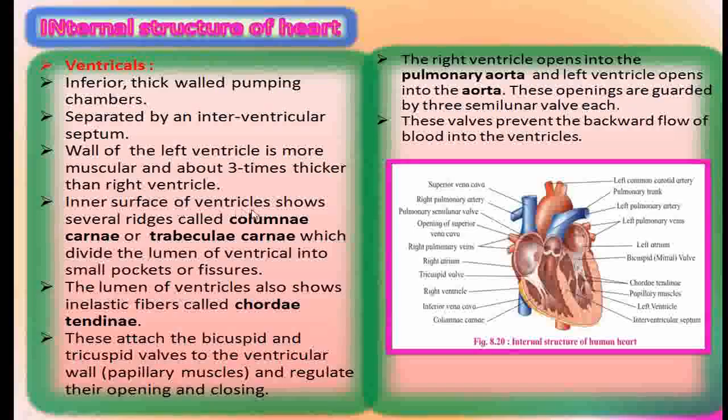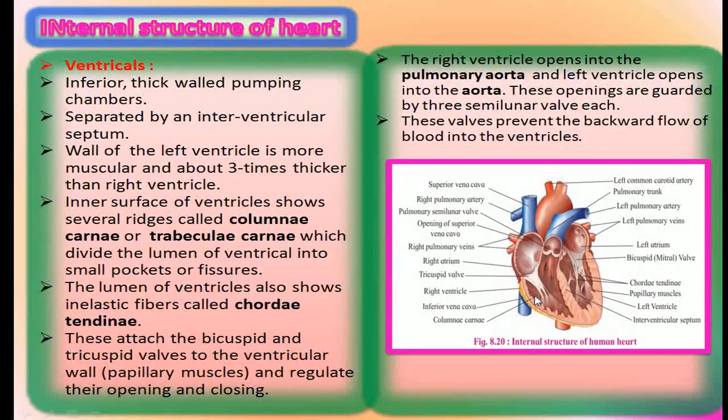The inner surface of the ventricle shows several ridges called columnae carneae or trabeculae carneae, which divide the lumen of the ventricle into small pockets or fissures. Here in the figure, this is the columnae carneae, which are the ridges present on the inner surface of the ventricles.